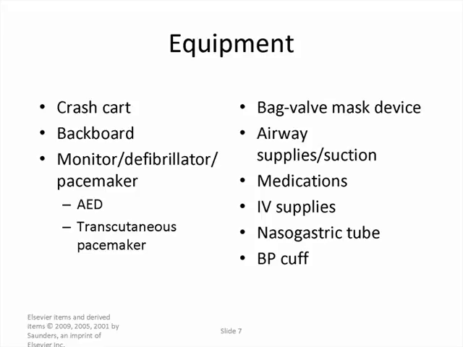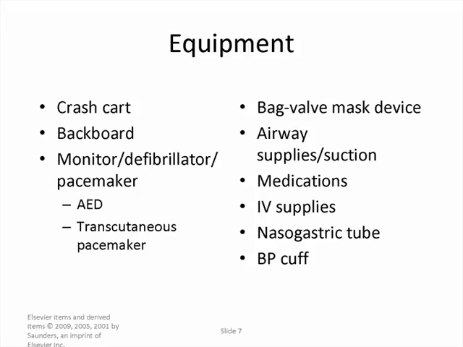You need to have the metal piece inside called a guide wire to help strengthen the ET tube so that it goes in. Then you pull that out and supply the oxygen. You need to have ability to suction a patient, so you've got to have suction available. If it's not on the wall, you've got to have a portable suction device to be able to have that.